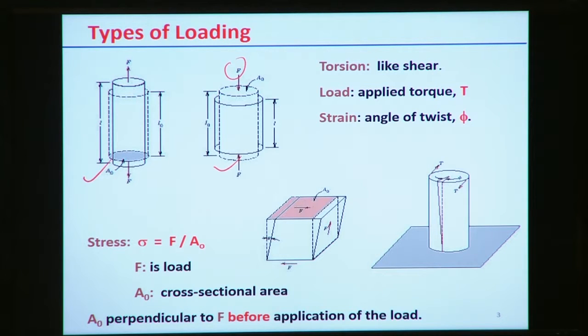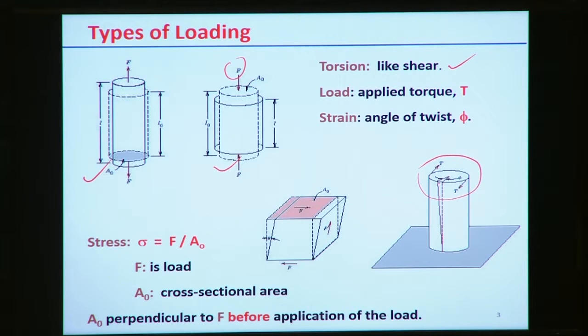Now, looking at another aspect, torsion also produces some amount of stress. For example, if we apply torque to a cylindrical element where one side is fixed and the other side is free, it will produce some amount of strain as well as stress, but here the strain is measured by the angle of twist.